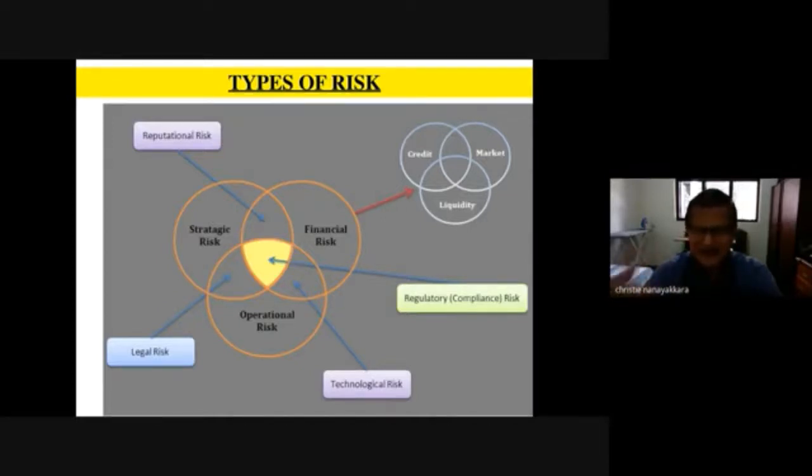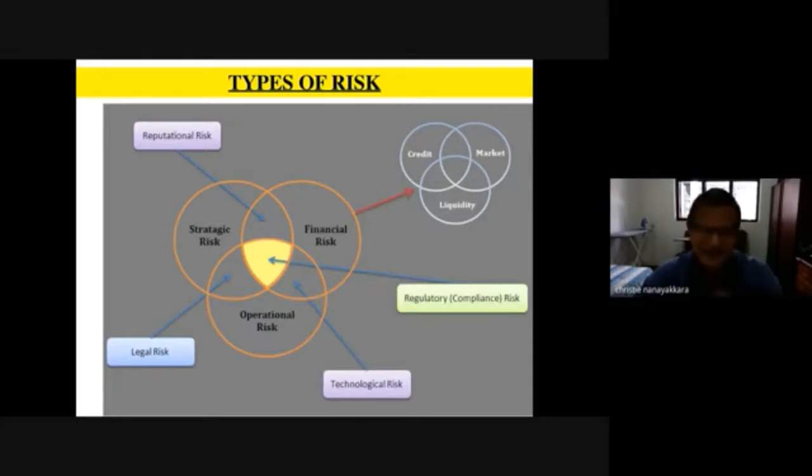So they have regulated this particular industry, especially the financial services industry, so that we don't do unethical things. We always follow the regulators' guidelines. So strategic risk is related to, as I told you, customers and competitors. So we do various things to be in the business over a long period.